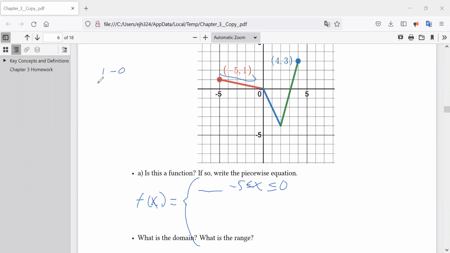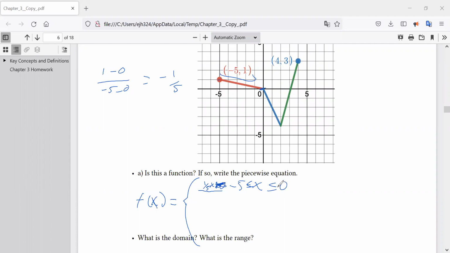Exactly. So we have 1 minus 0 over -5 minus 0, which is going to be equal to -1/5. So I have -1/5 x, and then what's our plus b? 0, right? Exactly, because that's our y-intercept. Okay, so it's just -1/5 x in that range.